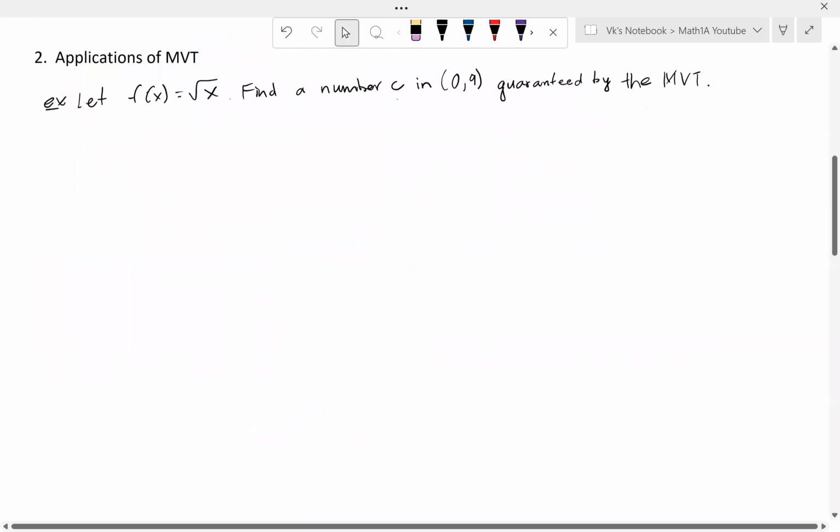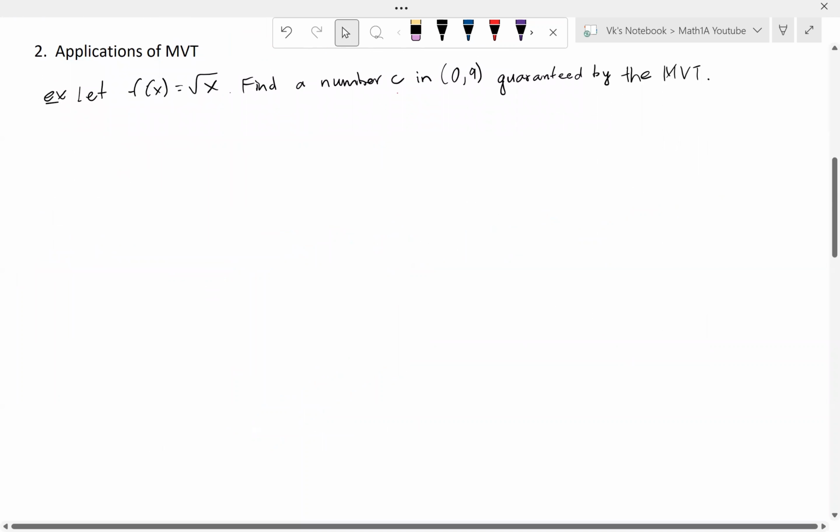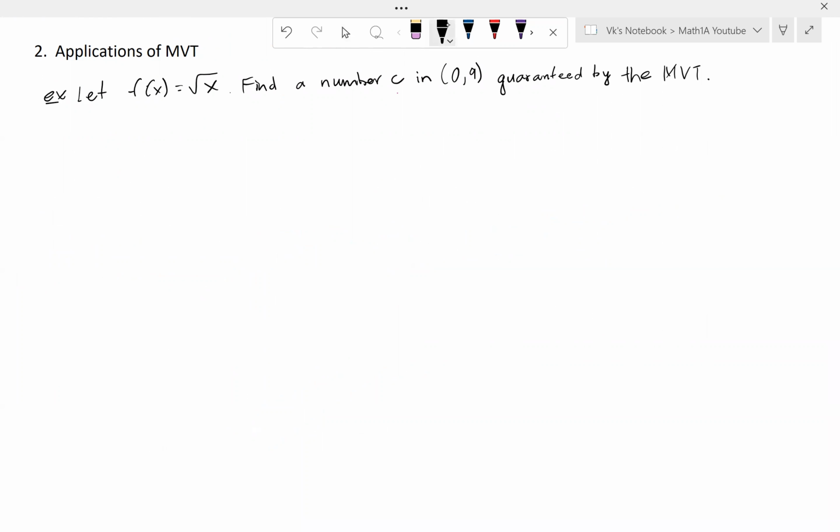Number 2, applications of MVT. First example: let f(x) equal root x. Find a number c in the open interval 0 to 9 guaranteed by the mean value theorem.